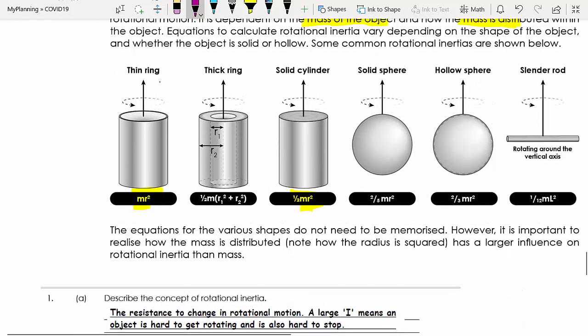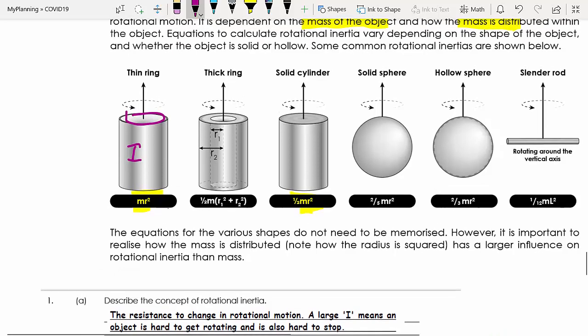So if you've got a thin ring because all the mass is on the outside, or you have a solid ring and they both have the same mass, this one's going to have a higher rotational inertia because more of that mass is further away from the center, even though they have the same total mass. It's to do with mass and the distribution of mass. And actually the distribution of mass is more important because you'll see that it's an r squared rather than just linear.